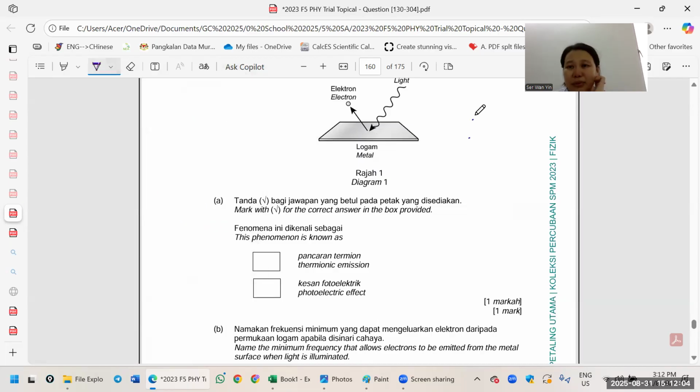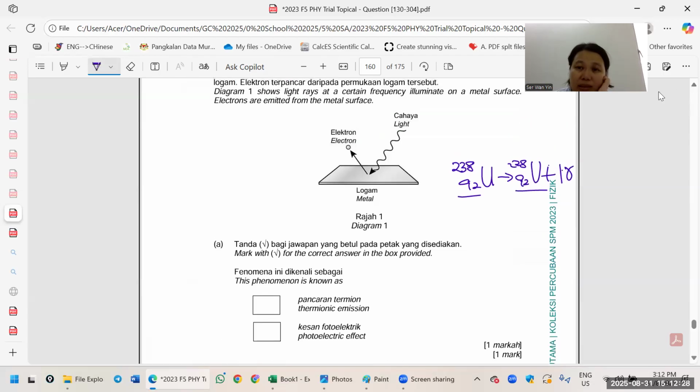So for example, let's say that 238 92 uranium become 1 plus 1 gamma. Actually, this one still 238 92. Just the mass becomes lighter. Nothing changed for proton number and nucleon number with gamma.